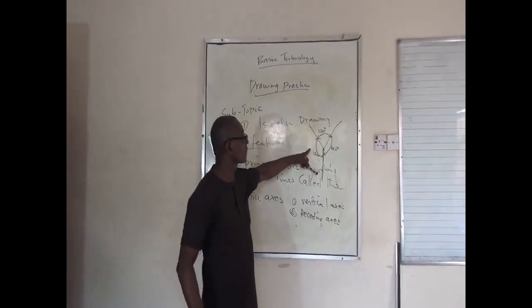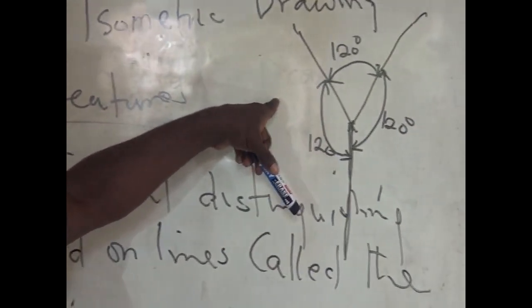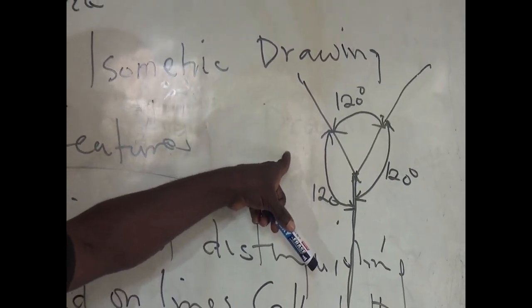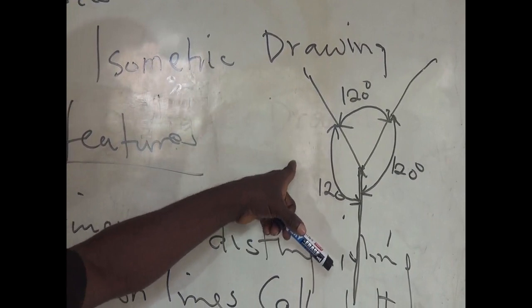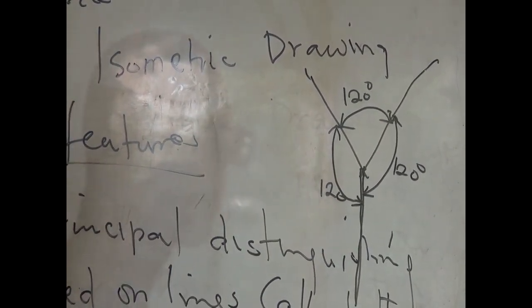This axis is very important because it guides you and it leads you to the drawing that you are about to present using isometric drawing.